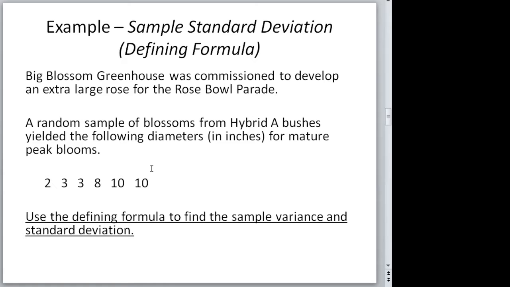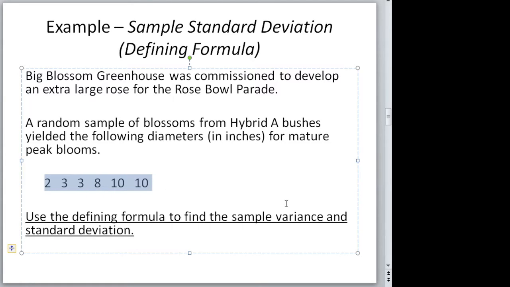At their mature peak, they measured the following data points. The story is not that important for now. We have basically 6 data points: 2, 3, 3, 8, 10, 10.